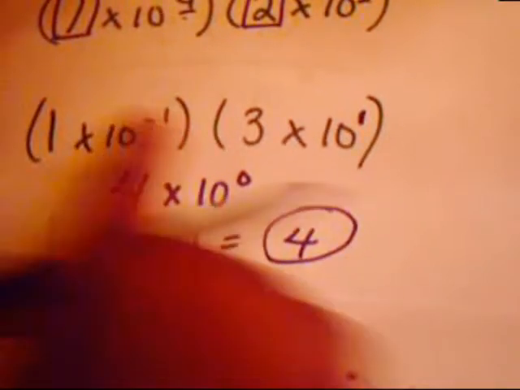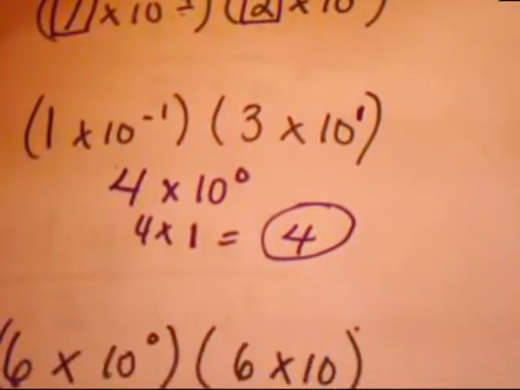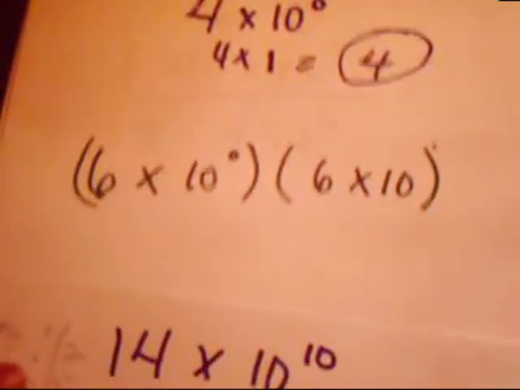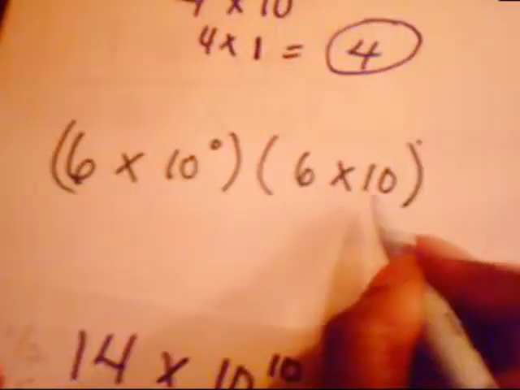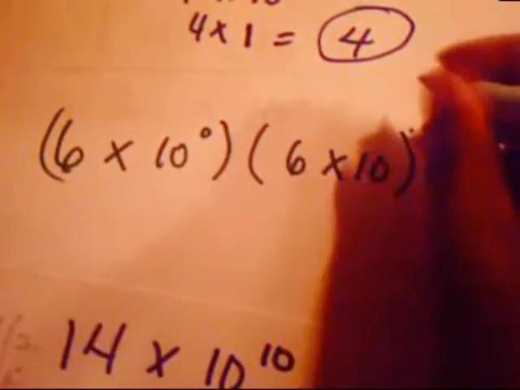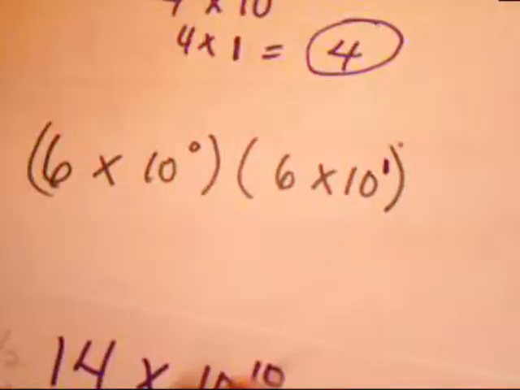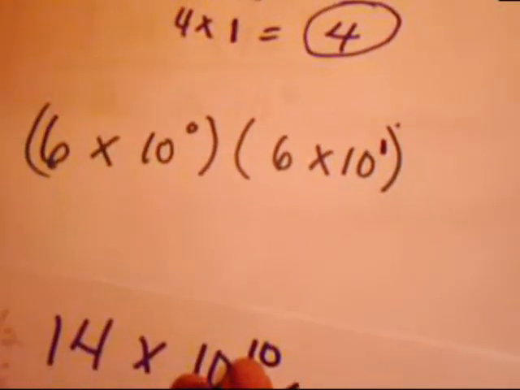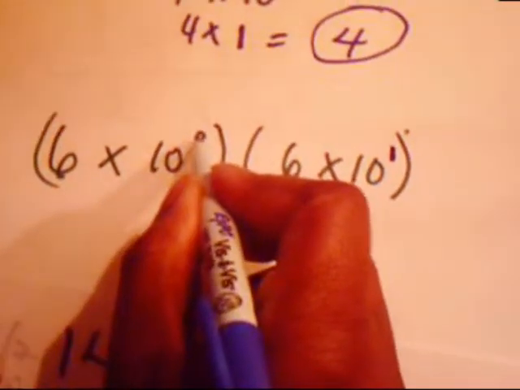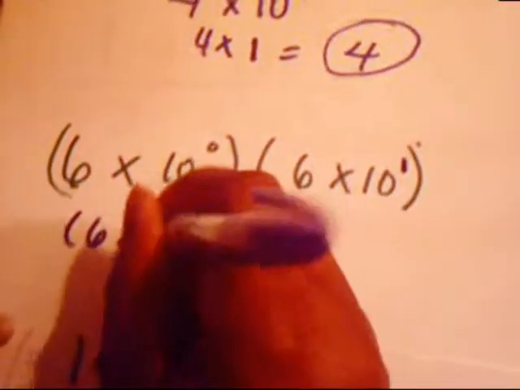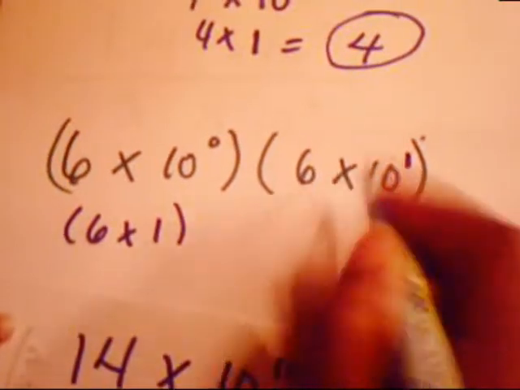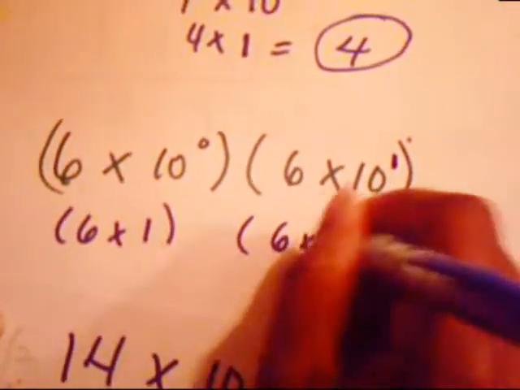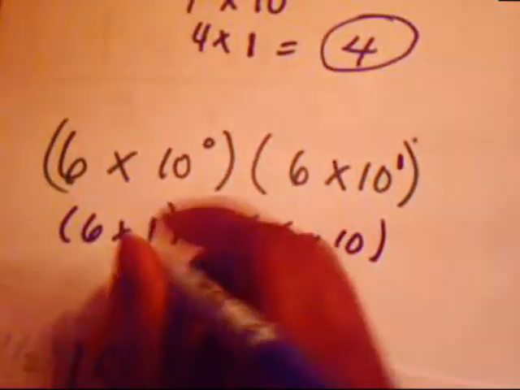So guys, you may come across a problem like this. I wanted to make sure I showed you something like that. Here's another similar one. You have 6 times 10 to the 0 power and 6 times 10. So this 10 is to the 1st. You could do it one of two ways. You can recognize that this is raised to the 0 power and say this is just 6 times anything to the 0 power is 1. And this is 6 times 10. 6 times 1 is 6.